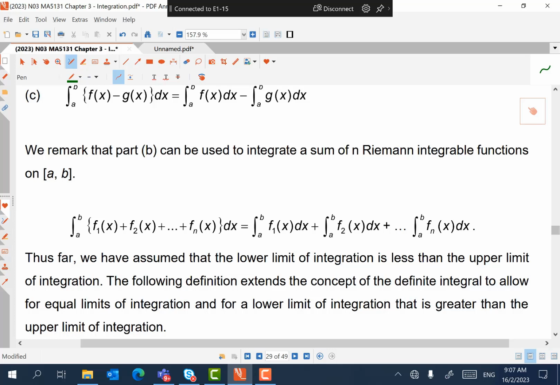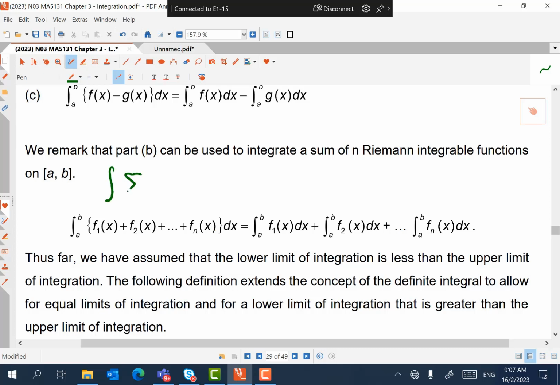Asha actually wants to tell you that this statement need not be true if you have an infinite number of functions, if this is the summation of f1, f2 until infinite functions. This statement says you can interchange.